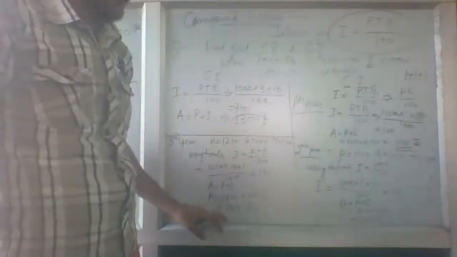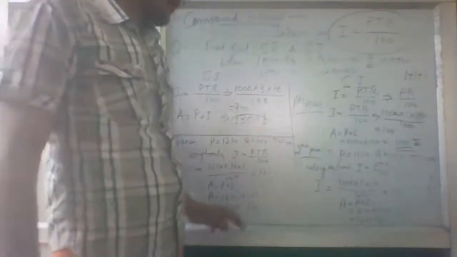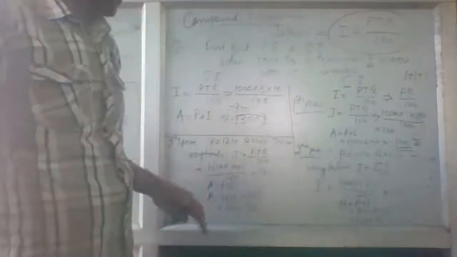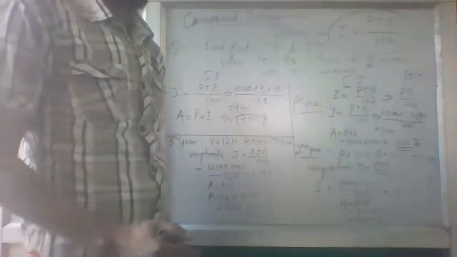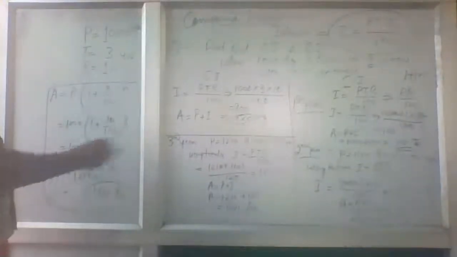You will find it out, and the final answer will be there. So the probability of mistake, when you write PRT for the different parts for the different years, reduces by many folds. So either by using this or by using this, you can solve different types of compound interest formula questions.